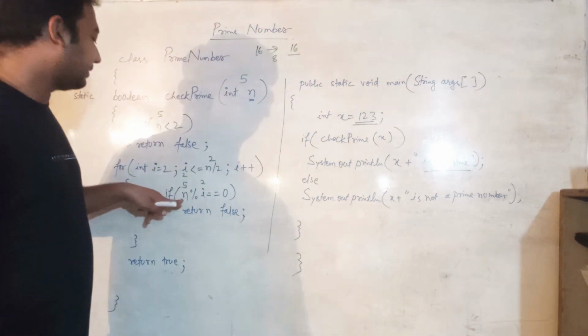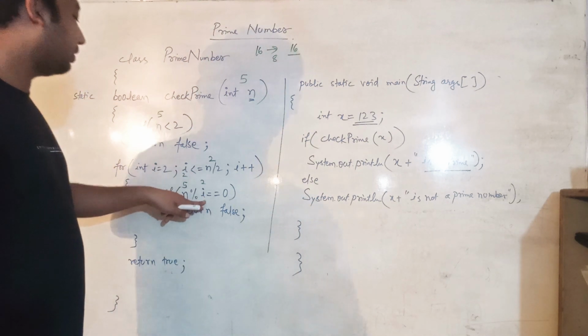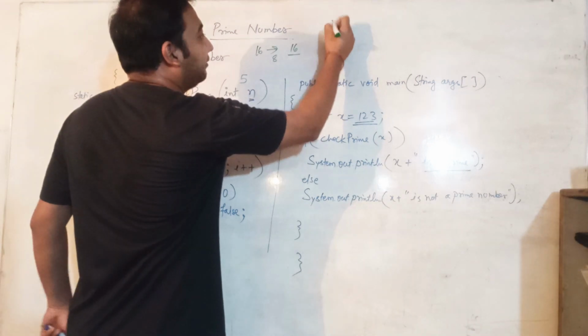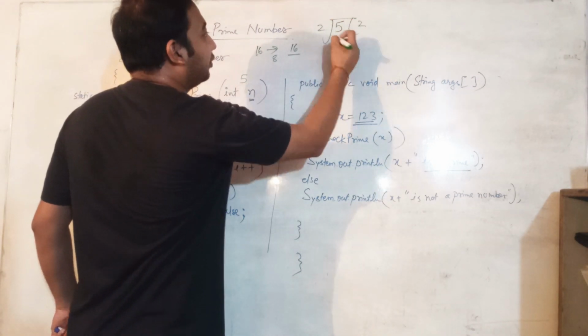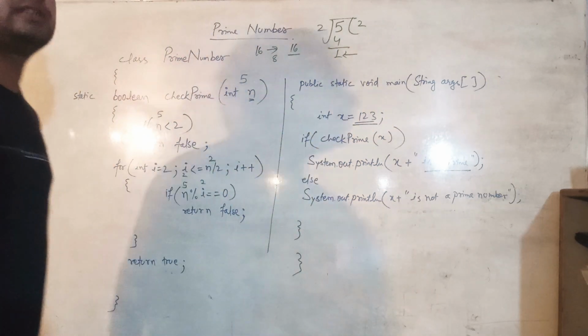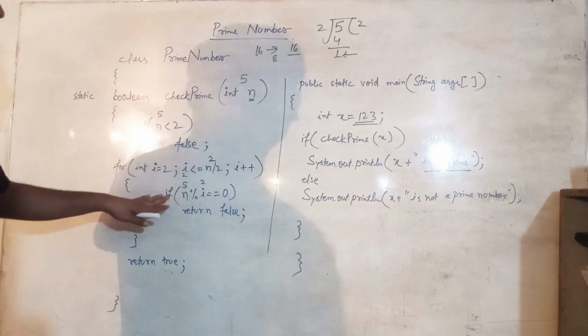So we will divide n by 2. After dividing 5 by 2, 2 ones are 2, 2 twos are 4. The remainder is 1. And if the remainder is 1, then 1 is not equal to 0. So this condition is false.